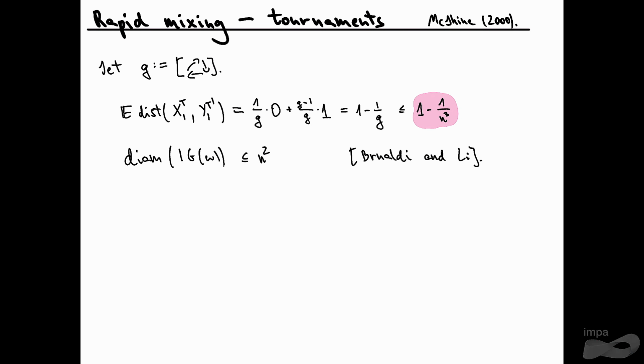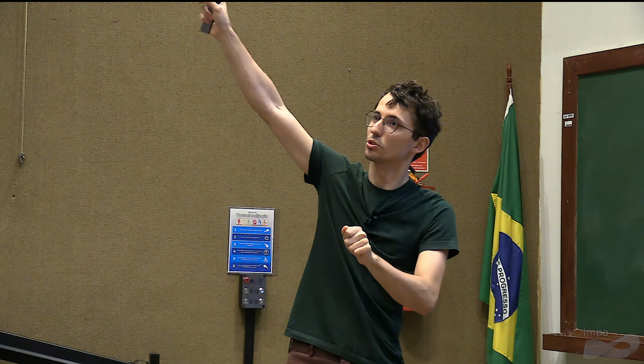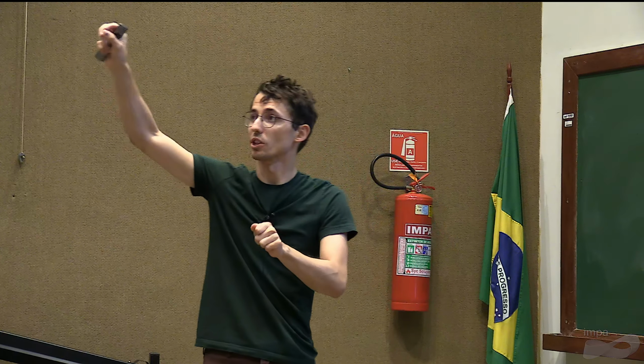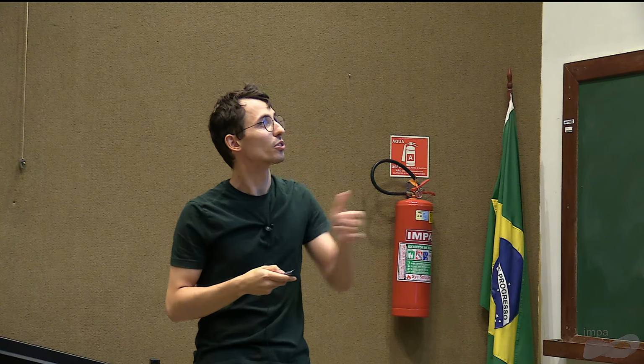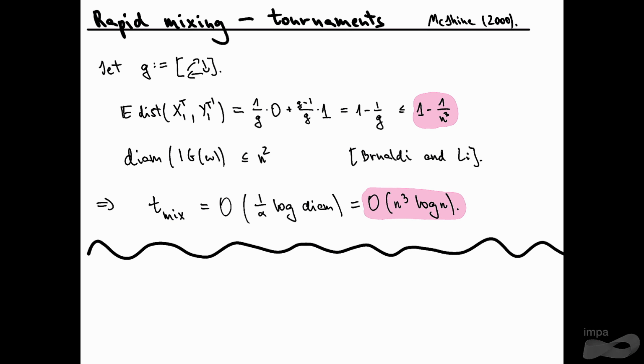And the diameter of the interchange graph, the least number of steps to get from one tournament to another with the same win sequence, is of order n squared, which was proven by Brualdi and Li. So by path coupling, you get the mixing bound, which is amazing. This is the proof that this algorithm is good.